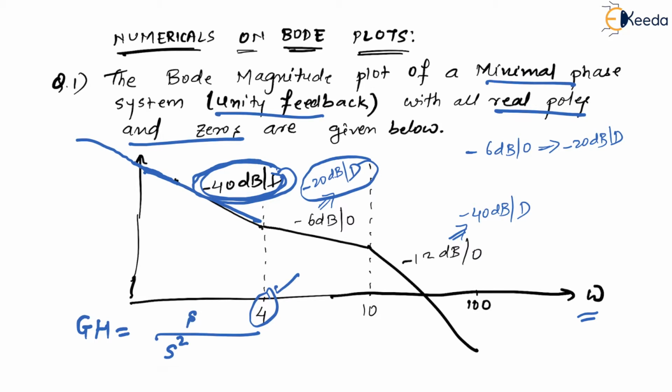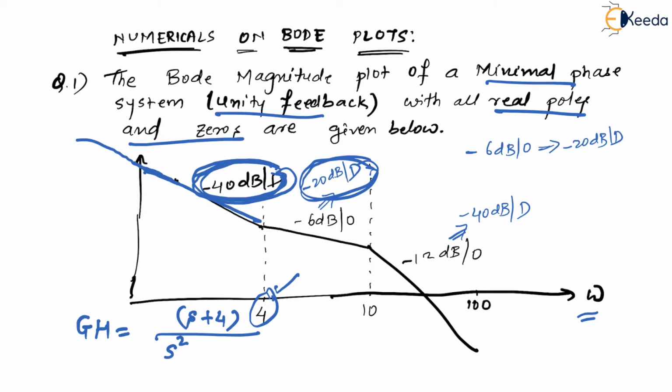Definitely you will be having a zero at 4, so it becomes s plus 4 here. Is that correct? Because initially the slope was minus 40 dB per decade, but at 4, the slope changed to minus 20 dB per decade. It means that definitely at 4, plus 20 dB per decade slope has been added, which means that at 4, you are going to have a zero.